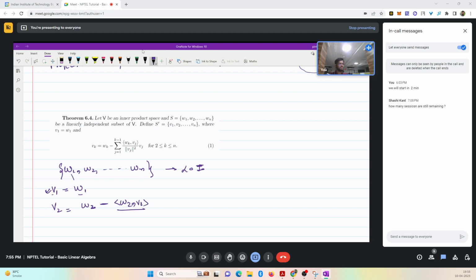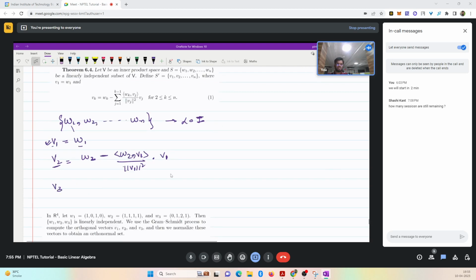So first we obtained v1. Then in v2, we subtract from w2 whatever is in the direction of v1, that is <w2, v1> divided by the norm of v1 squared, into v1. We subtract this and we obtain v2. Now, in order to get v3, again we take w3 minus the projection of w3 onto v1, minus the projection of w3 onto v2.